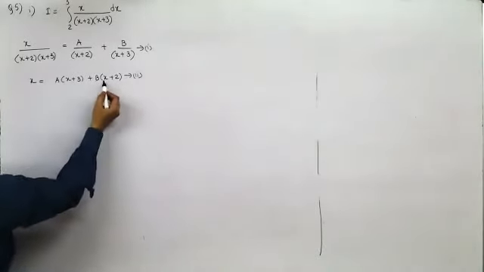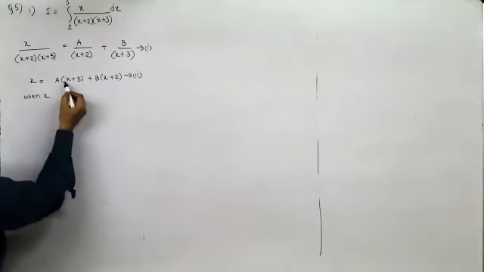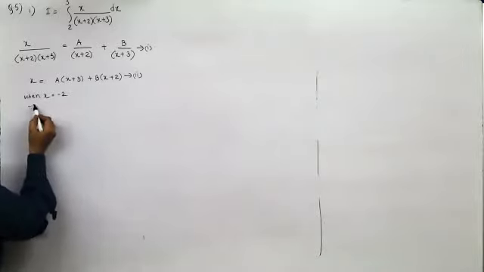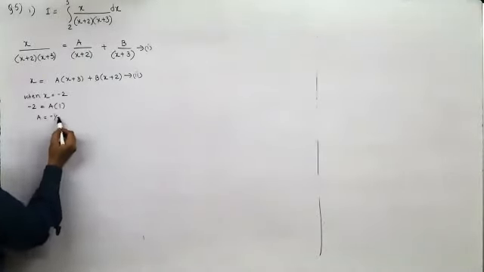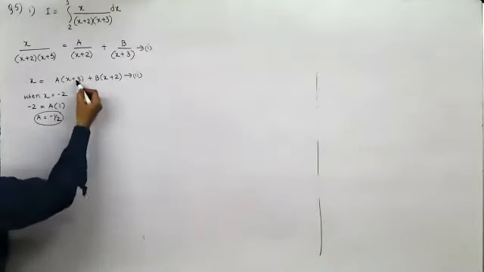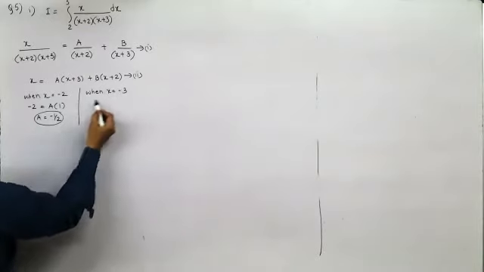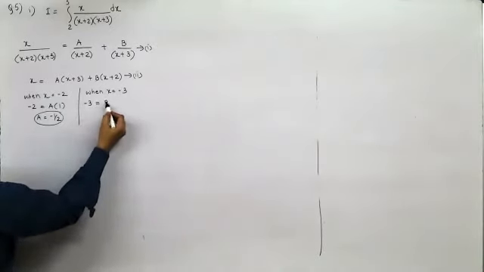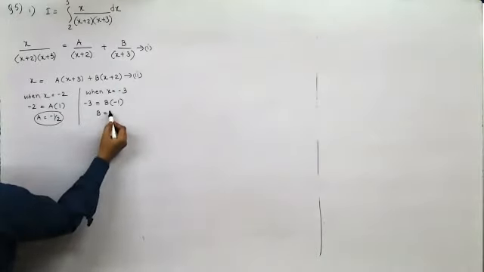Now, when x is minus 2, I'll get the value of a. So, minus 2 equal to a into 3 minus 2, a is minus half. And when I take x as minus 3, I'll get the value of b. So minus 3 equal to b into minus 3 plus 2, that is minus 1. So therefore b is 3.